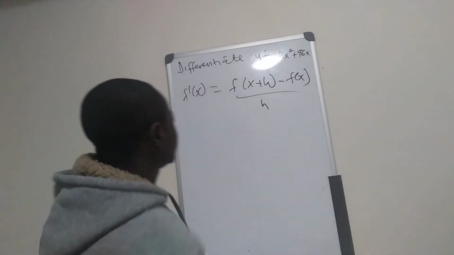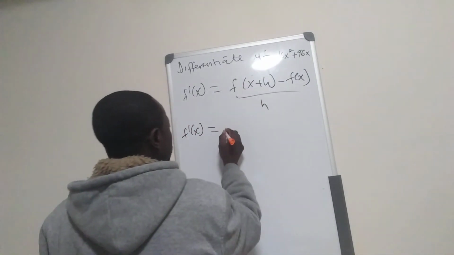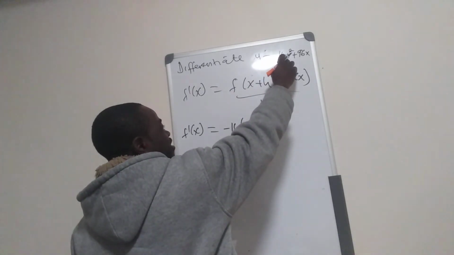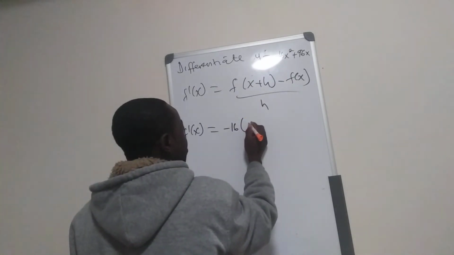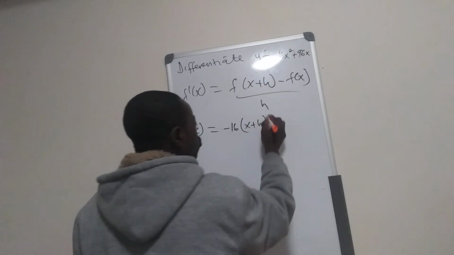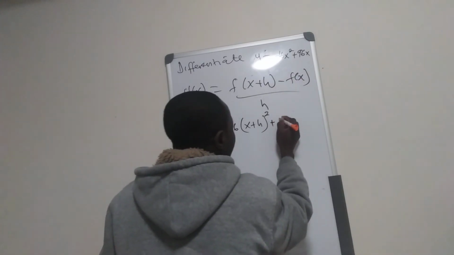Now, so you have f prime of x is equal to minus 16. Then you replace your x by x plus h. Remember it is a squared term, so you square it. And then this is plus 96.